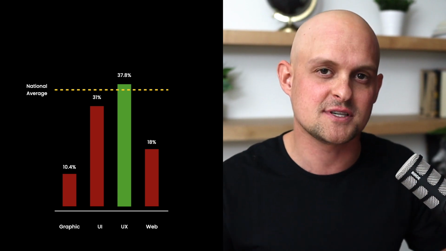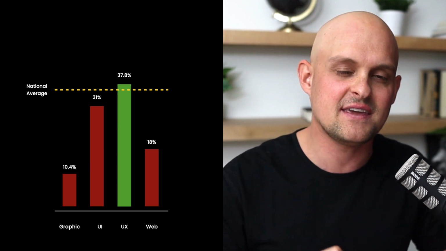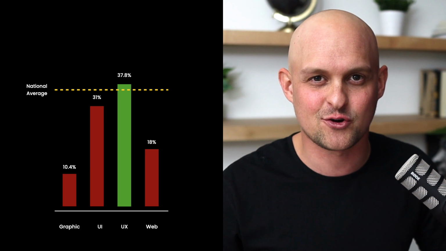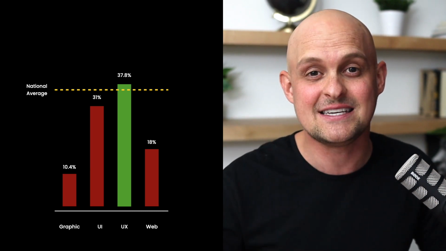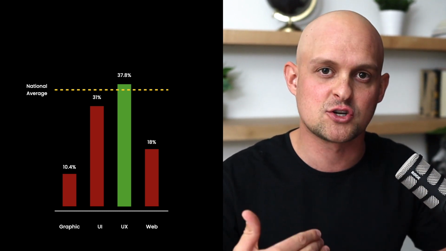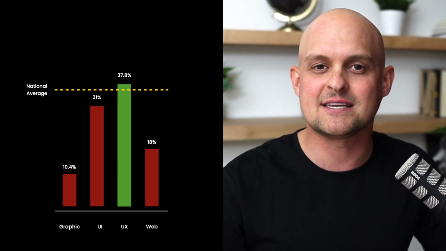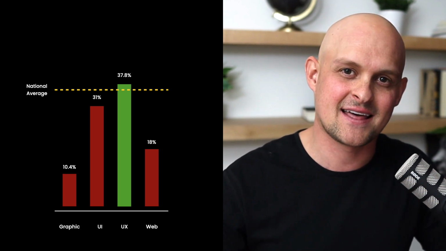So all jobs in the US, this is the average increase. And you can see that with the exception of UX designer, all of these other design careers are falling behind the national average, which is crazy to me because these are jobs of the future. These are tech jobs. These are jobs that are becoming increasingly more important as the years go on, yet we are getting paid less and less.